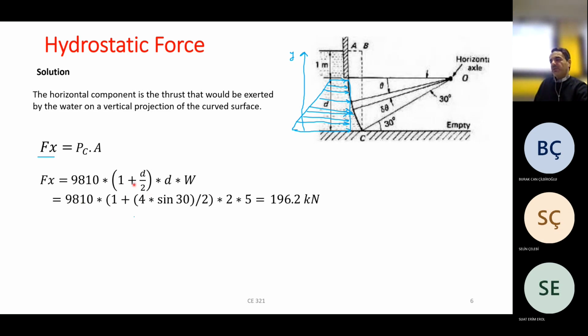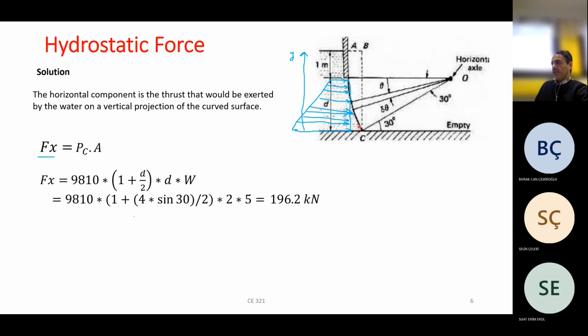So to calculate D, if you see, I have a triangle here, and this angle was given. And the radius is also given. The question said the radius is 4 meters.